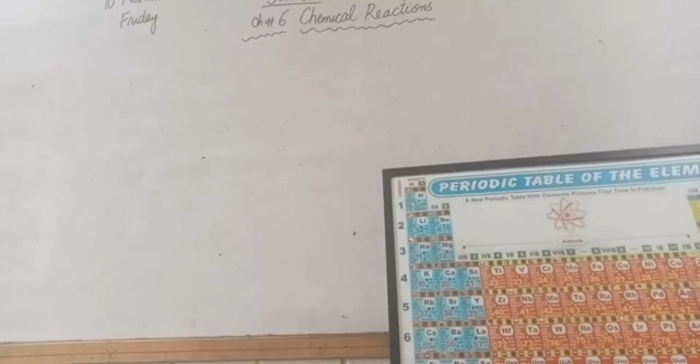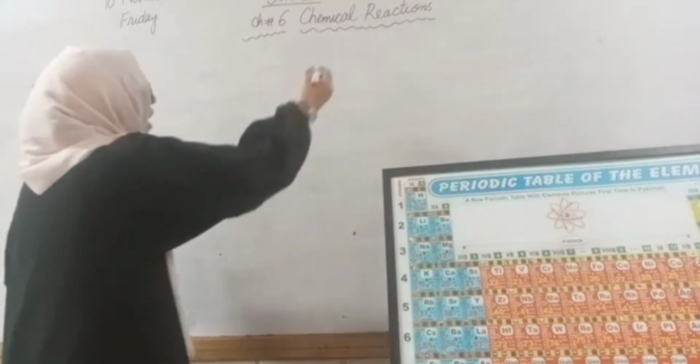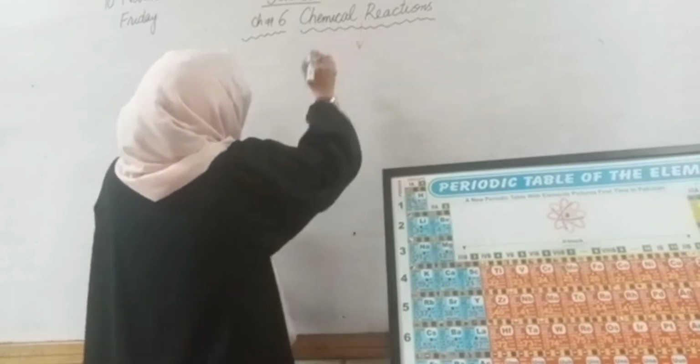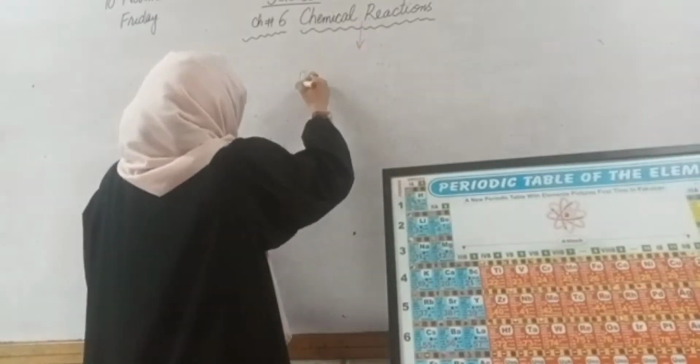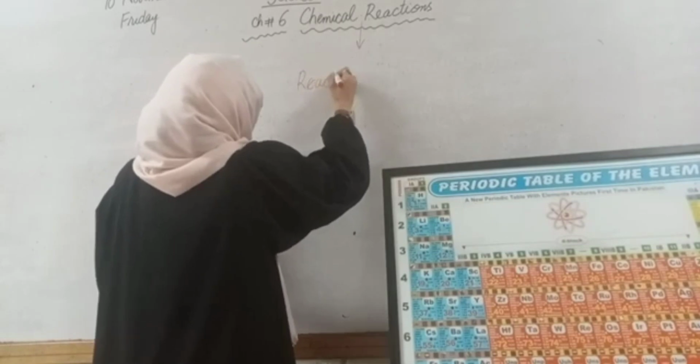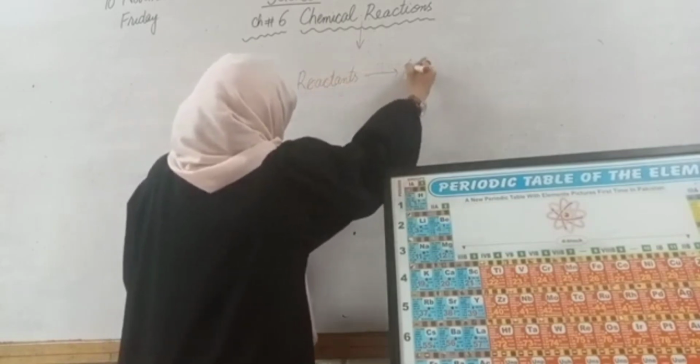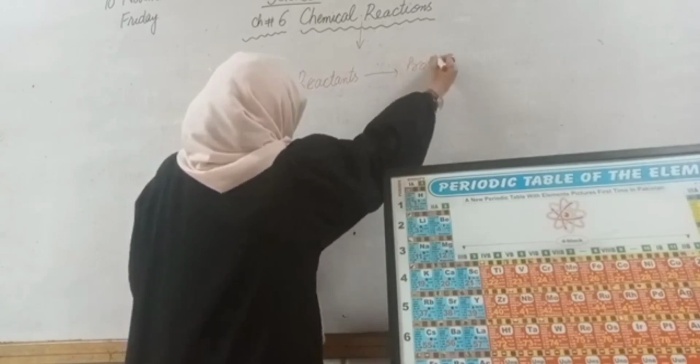You know that we are doing the concept of chemical reactions, so we will continue the concept of chemical reactions. You know that chemical reactions are the reaction between reactants and the formation of products.